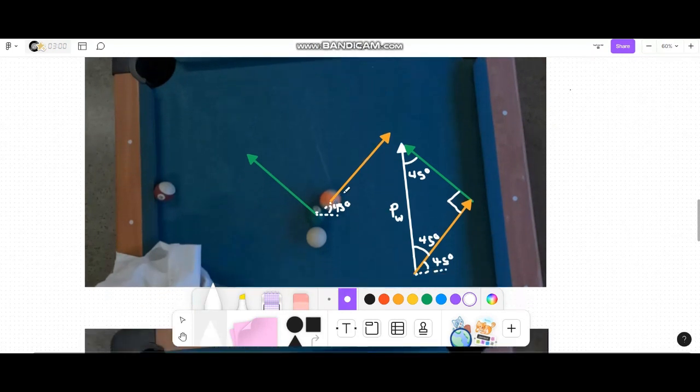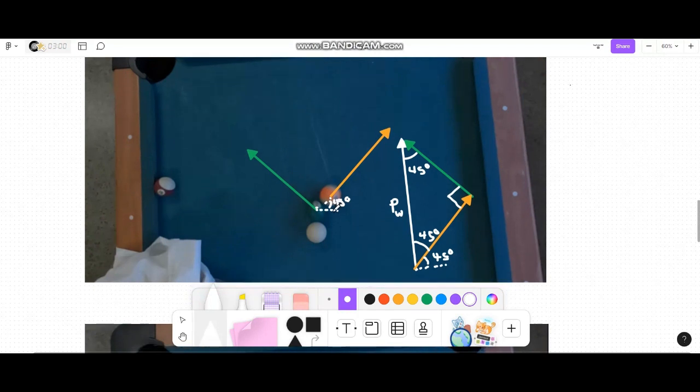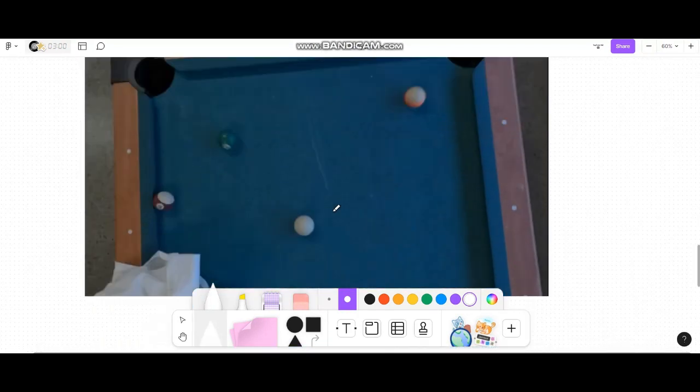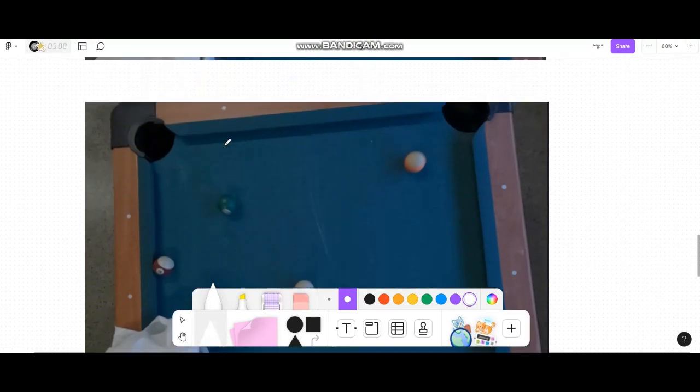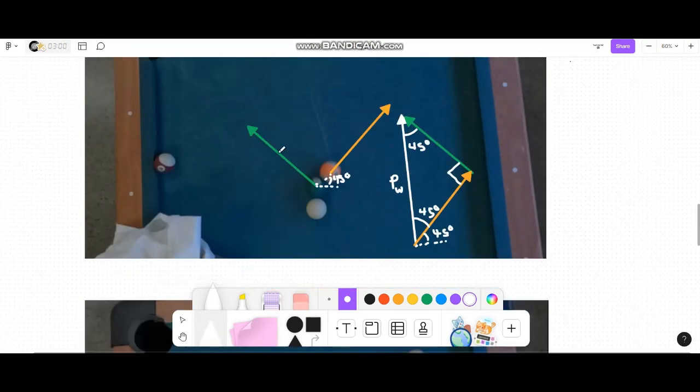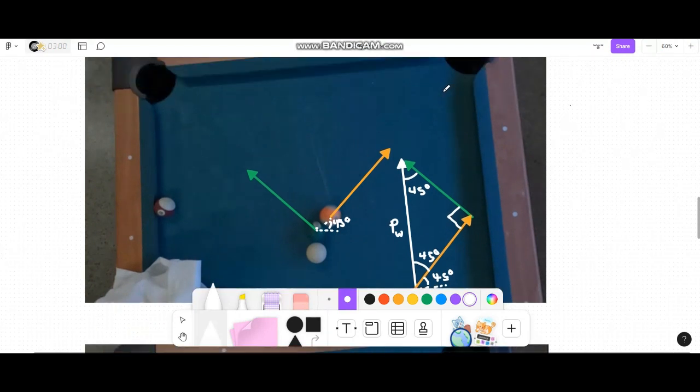If each ball has 45 degree momentum, then we're going to get the following situation where each ball goes into the hole. If you take 45 degrees from here, you're going to go into the hole, and 45 degrees from here, you also go into the hole. That's just because of the position on the table.